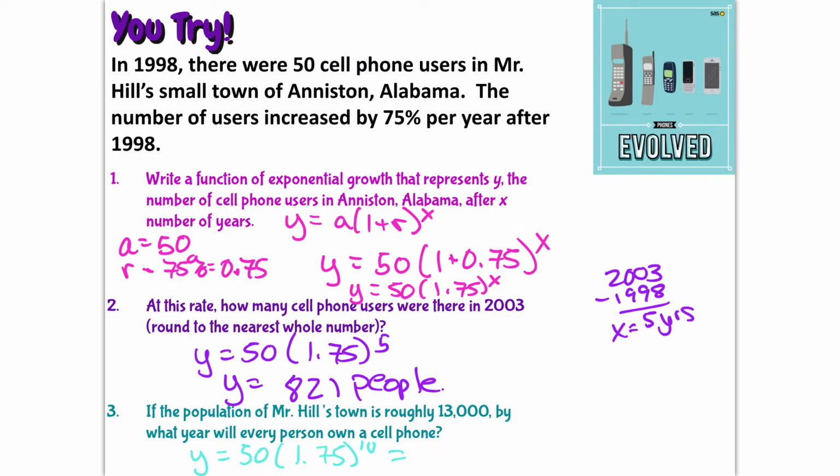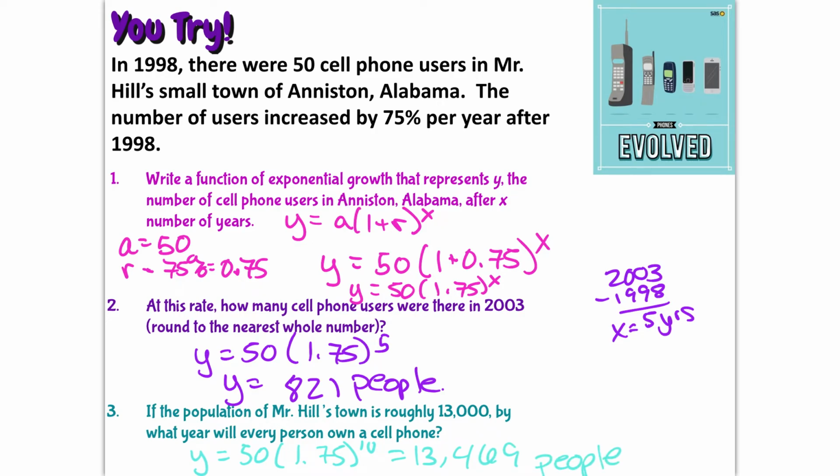And I magically guessed it was 10, but if you were guessing like 6, 7, 8, you might have to keep trying until you get a number that's greater than 13,000. And that y with 10 years is 13,469 people.